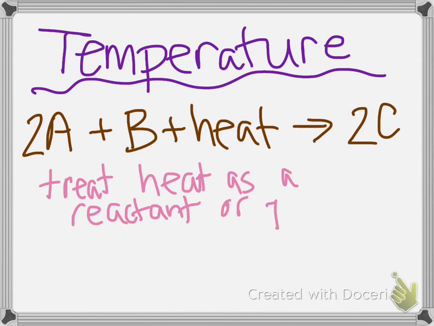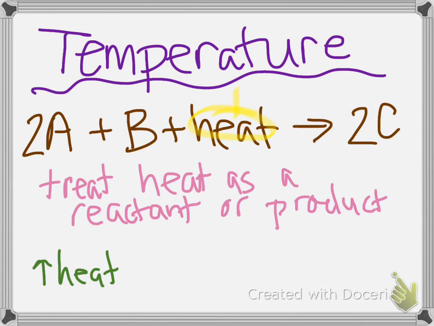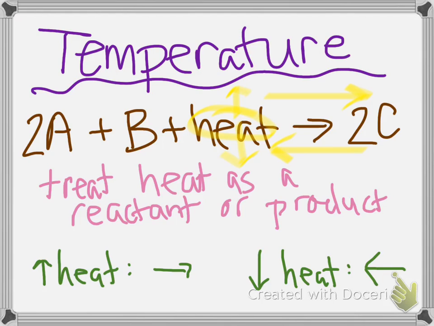So if we increase the heat, which is right here, that means that we need to move in this direction to get rid of that, which means that it will move in the forward direction. If we decrease the heat, then we have to move in the reverse direction in order to essentially replace it.